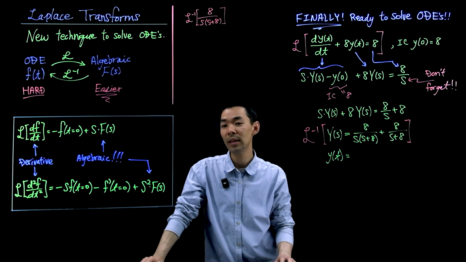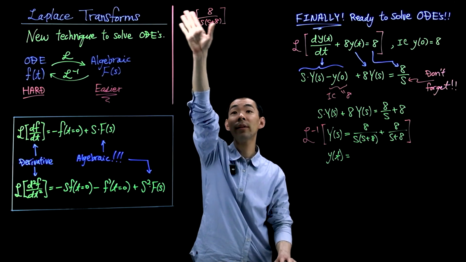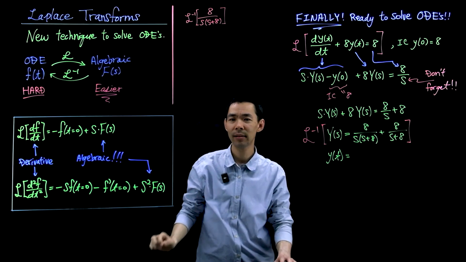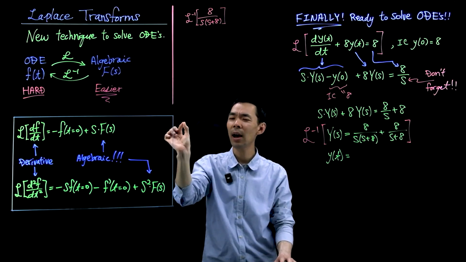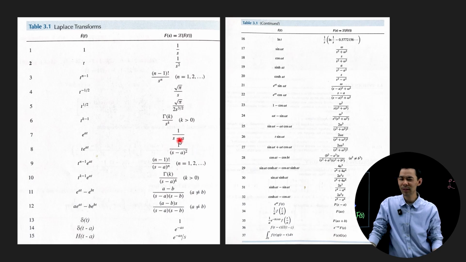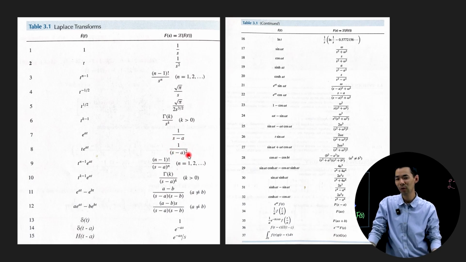And if a is equal to -8, then we'll capture one of the terms up here, which is 1 over s plus 8. But there's another factor of 1 over s hanging outside, so it's not quite this one. This one's also kind of close. There's an s squared, but it's the same constant a. We don't quite have that situation. So you keep going down, and then you stumble upon row number 11.